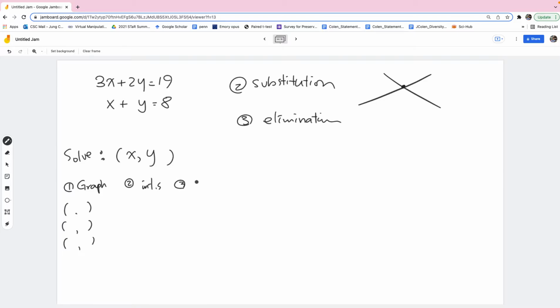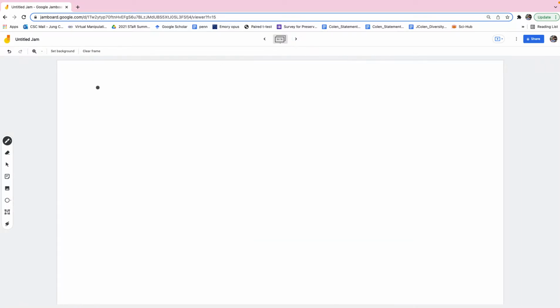Or three, you can use a slope intercept. Either way, you can draw the graphs of both of the equations and find where they meet. That point should be our solution. So I will skip that part, okay? I will show you how to use substitution and elimination here. First, substitution.